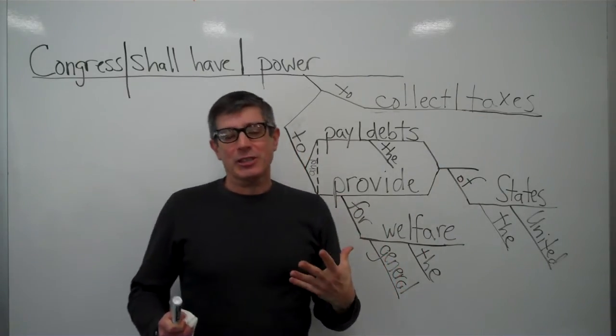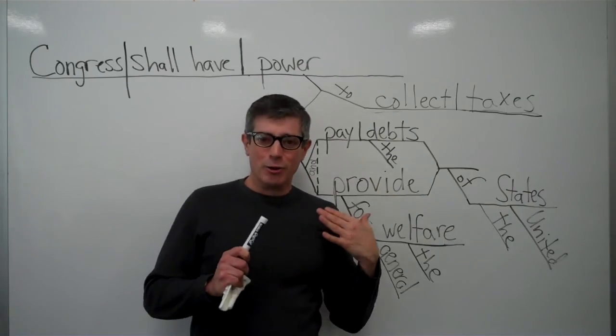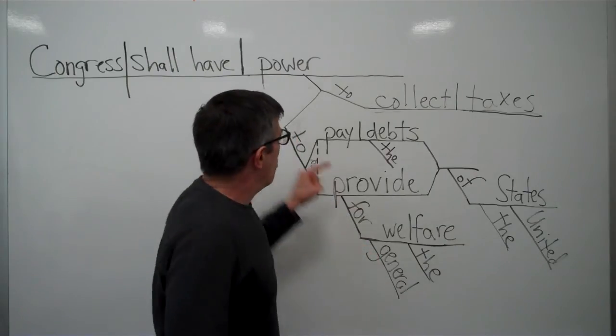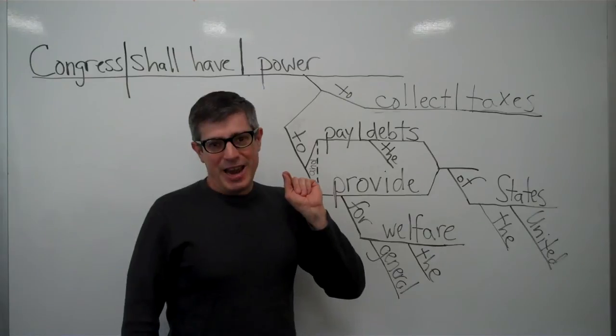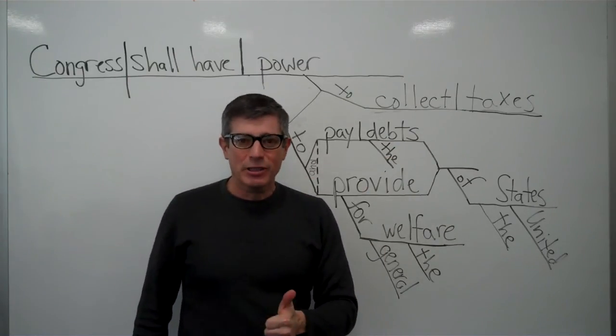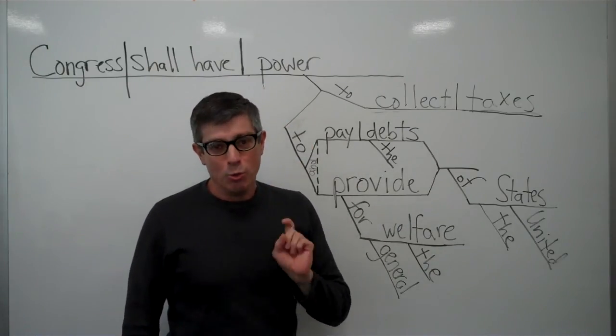So the whole question of interpreting what this clause of the Constitution means hinges on whether these infinitive phrases are functioning adverbially to modify collect or adjectivally to modify power. And you thought grammar wasn't important.